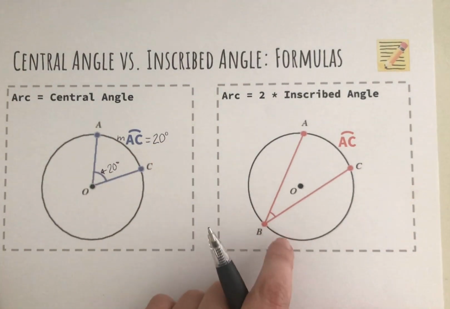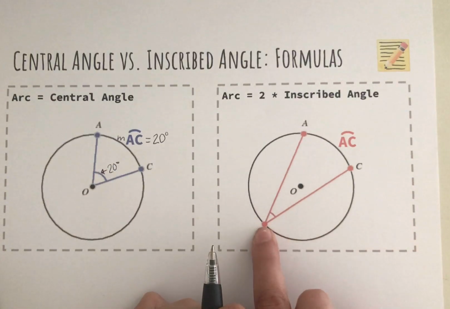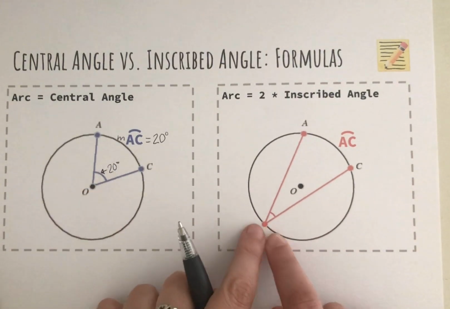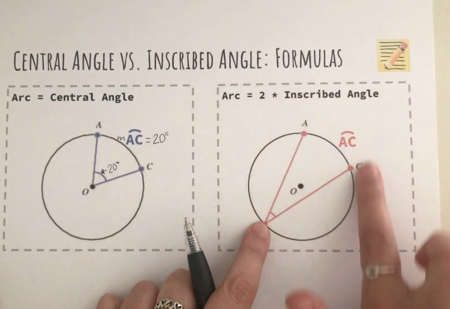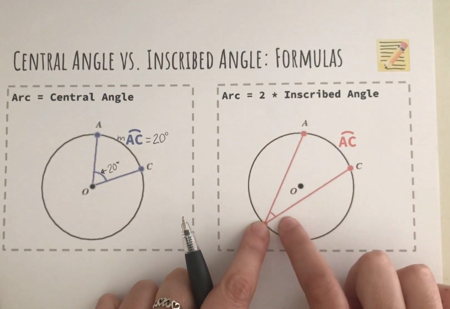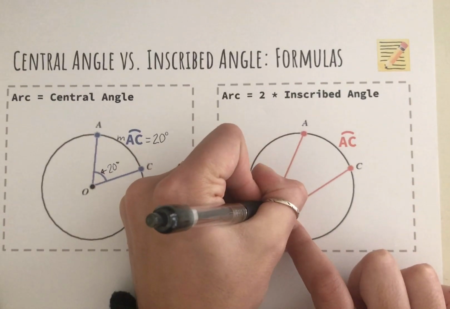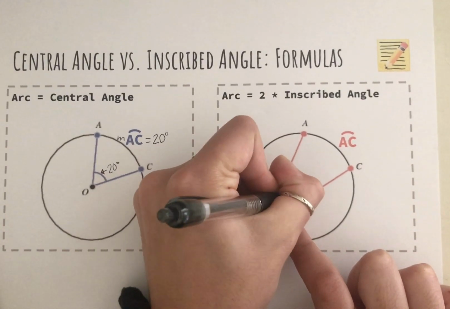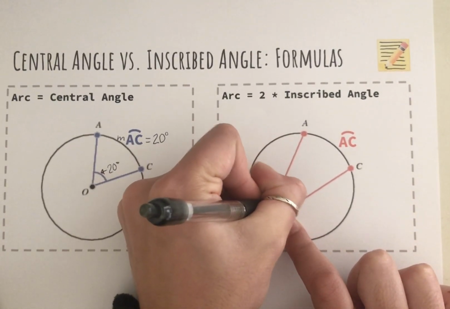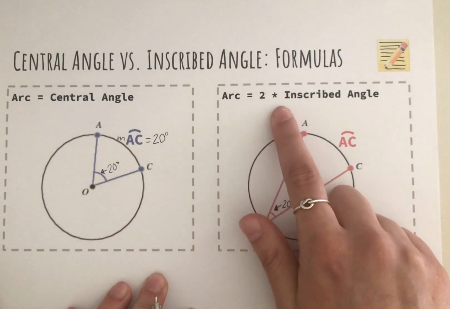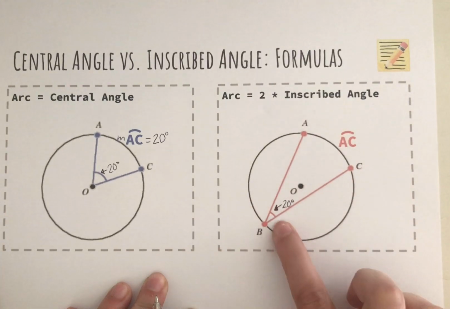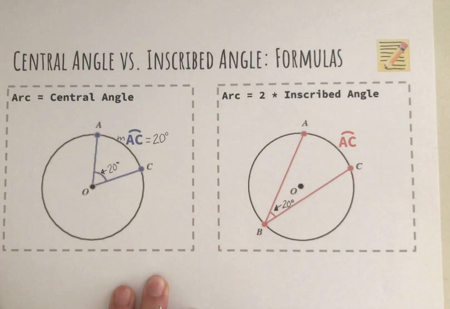Now for an inscribed angle, you see the angle starts further away than this one does. So think about how little the angle looks right here and how it grows and grows until it reaches the other edge. So here, let's say this angle is also 20 degrees. Well, the arc is 2 times the inscribed angle. So this inscribed angle is 20.